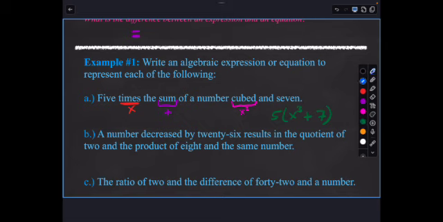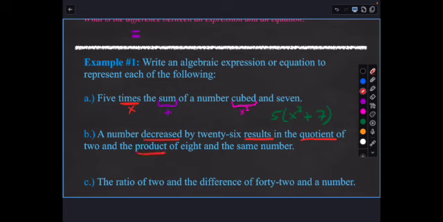Part B. A number decreased by 26 results in the quotient of 2 and the product of 8 and the same number. Okay, well, let's pick out all the important pieces. We have decreased. A number decreased. We have results. We have quotient. We have product.